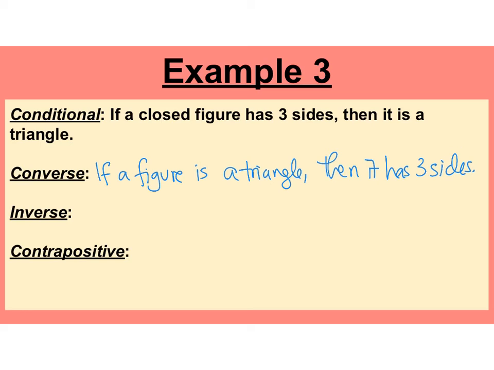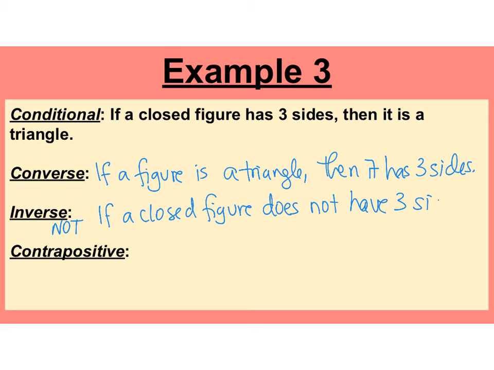The inverse makes it negative, goes back to the original. If a closed figure does not have 3 sides, then it is not a triangle. And the contrapositive flips it and makes it negative.